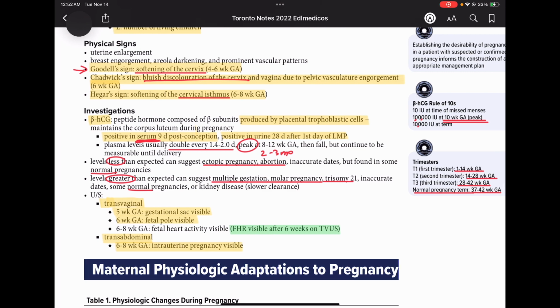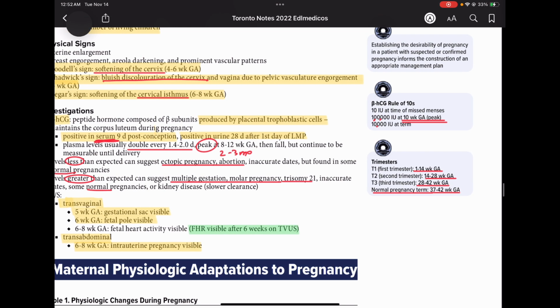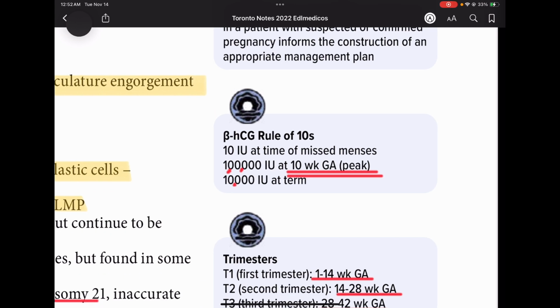Regarding the values of beta HCG, the plasma levels usually double every 1 to 2 days, but it peaks around 8 to 12 weeks of gestational age. In this box we can see the beta HCG rule of tens. There are 10 international units at the time of missed menses, the last menstrual period.